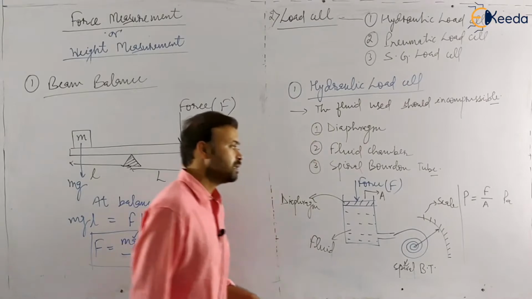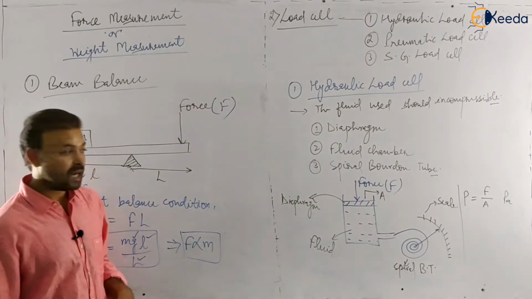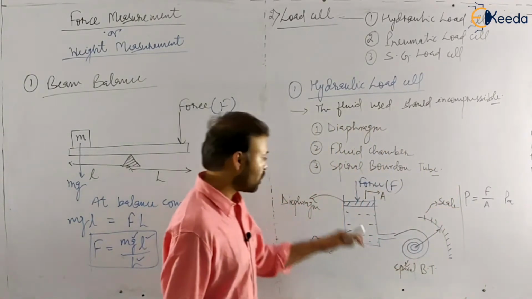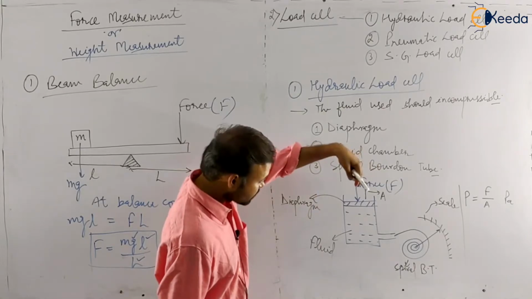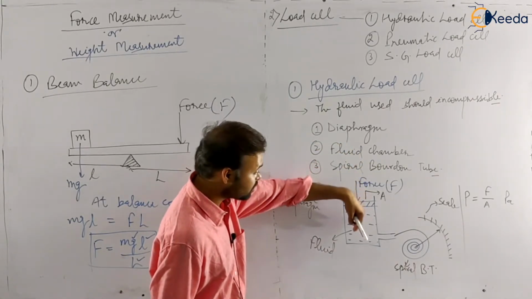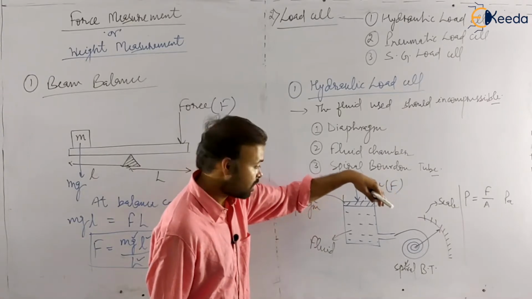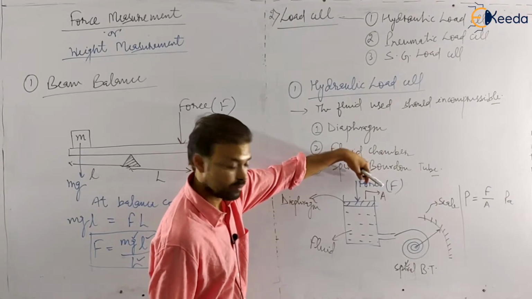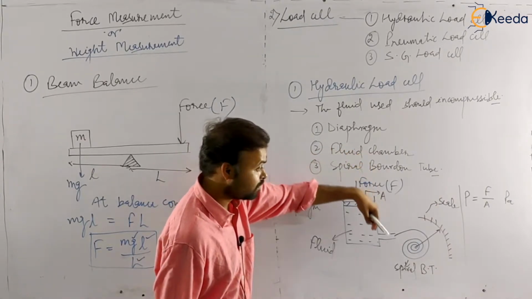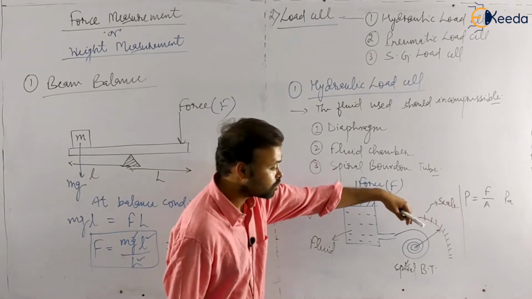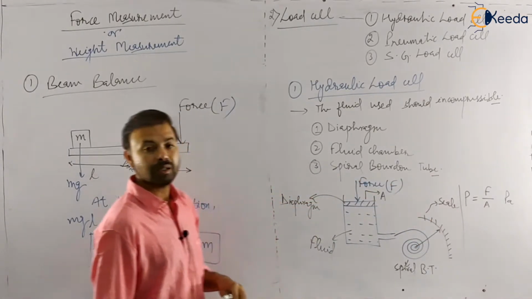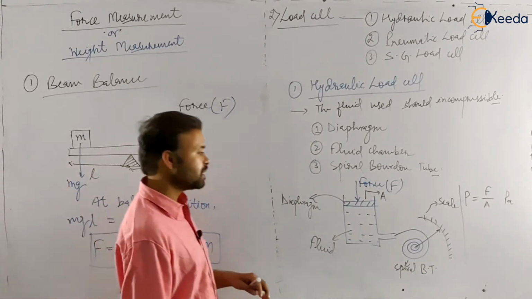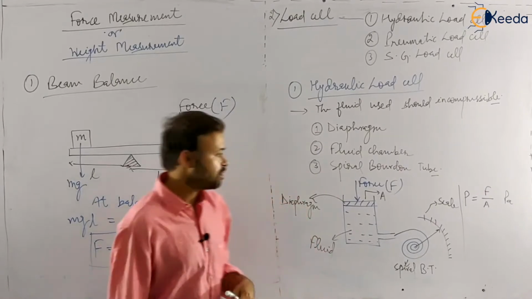This pressure is transmitted by this incompressible fluid to the burden tube and sensed by it, and according to that pressure there will be some deflection, and later we can calibrate this deflection in terms of the force.